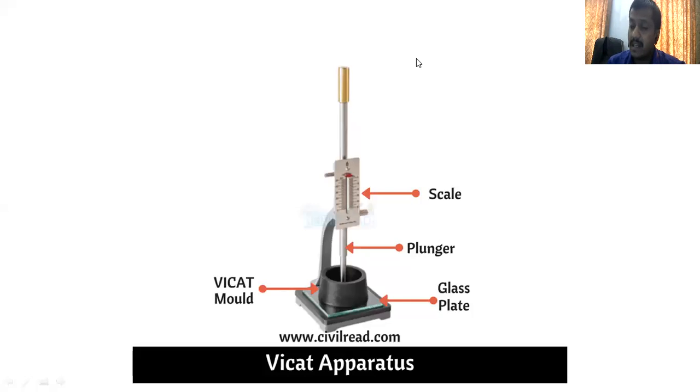That is why the standard consistency test of cement is more important for us. For a civil engineer, it is important to have the knowledge about this test, because this is the test in which you will come to know the exact quantity of water that you require to make the good cement paste.